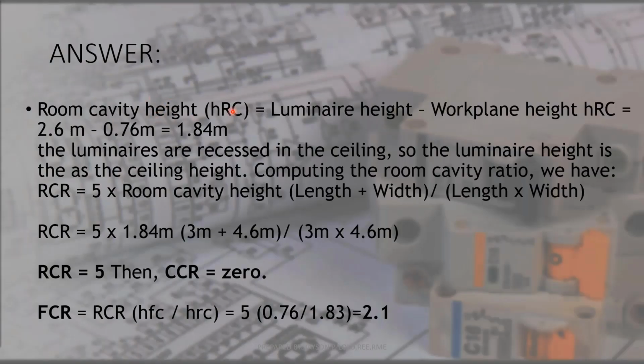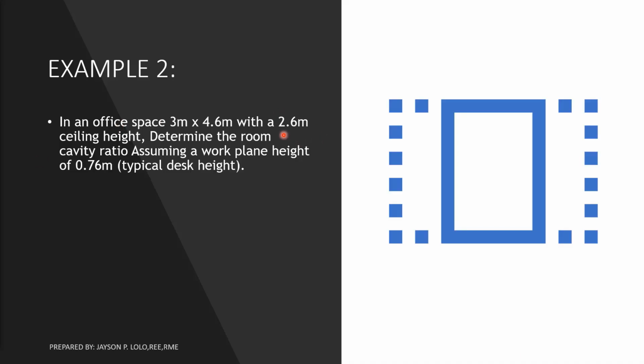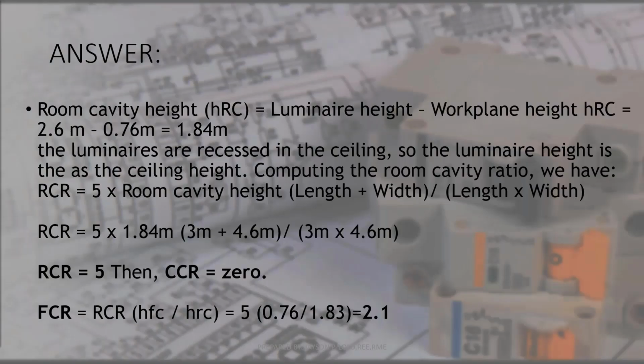The room cavity height must be solved with the luminaire height minus work plane height, which is HRC. We have 2.6, the ceiling height, meaning that is where the light source is located. So that is why 2.6 is the luminaire height.